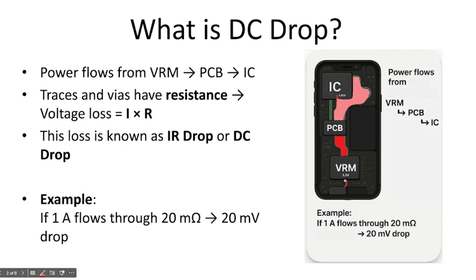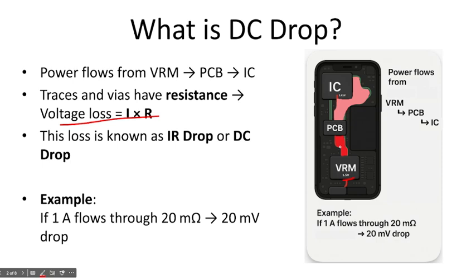In this example, let us say we have 1.5 volts at the VRM, and the power is traveling through the PCB. Every copper shape has some resistivity, and when current flows through this resistance, some amount of voltage drop will occur. From the equation, voltage is equal to current times resistance.